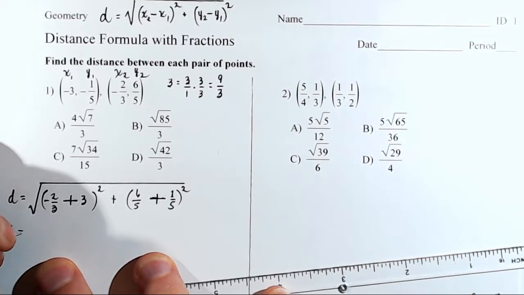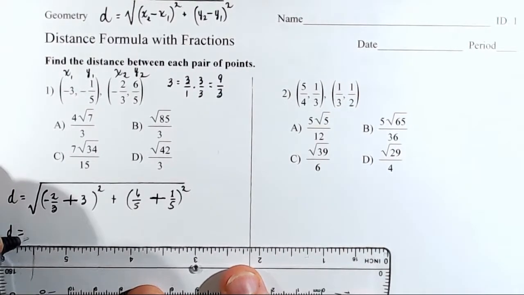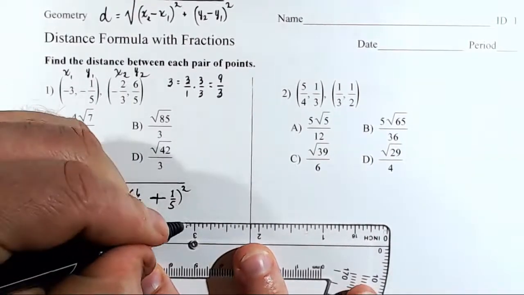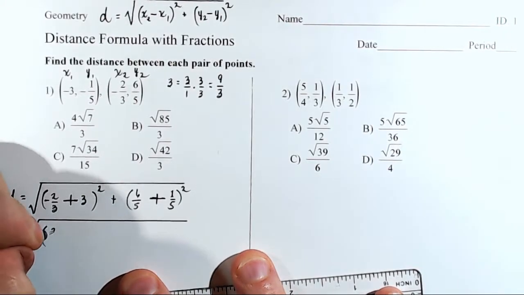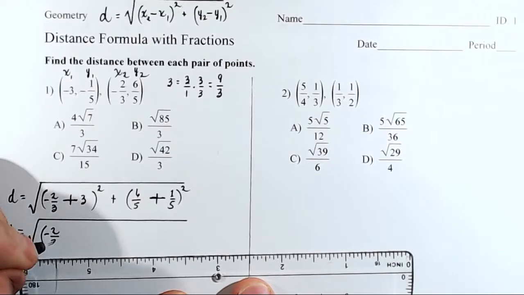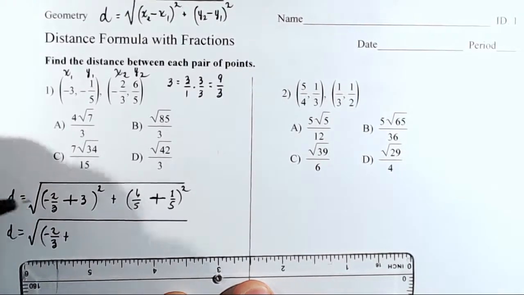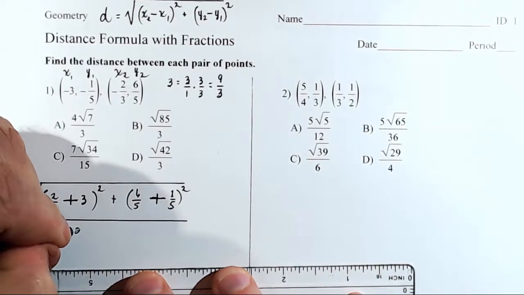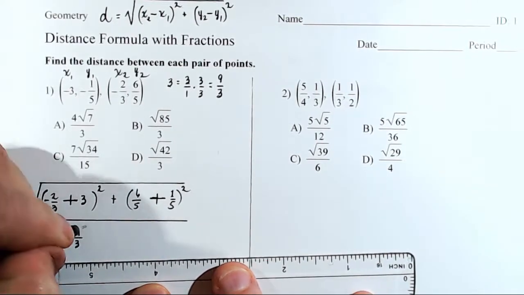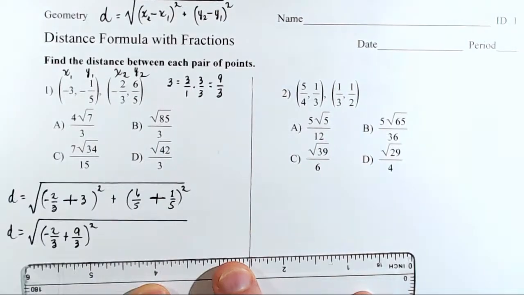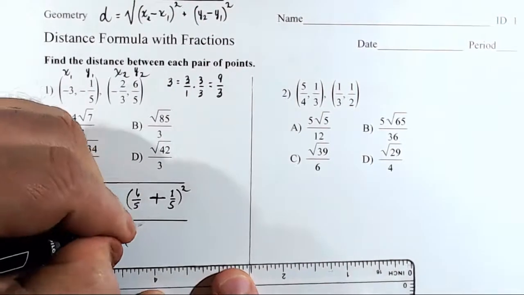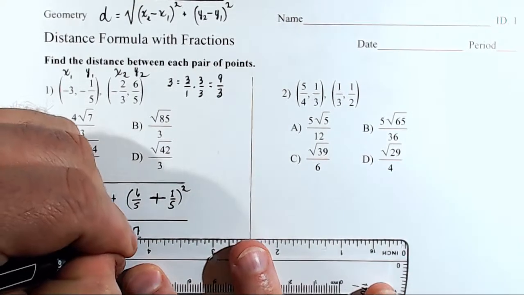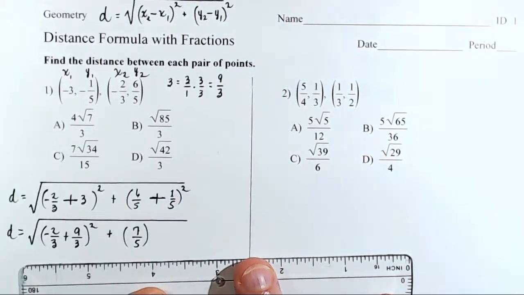So now D equals the square root of, open parentheses, negative 2/3 plus 9/3, close parentheses, squared, plus, open parentheses, and now 6/5 plus 1/5 is 7/5, and that's still squared.